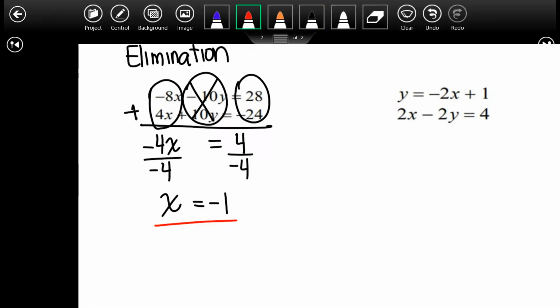We're going to take our value now and plug it back in. It doesn't matter which one we use. You can plug it back into the one down below, or you can plug it back into the one up on top. I'm going to do the one down below because that's positive numbers.